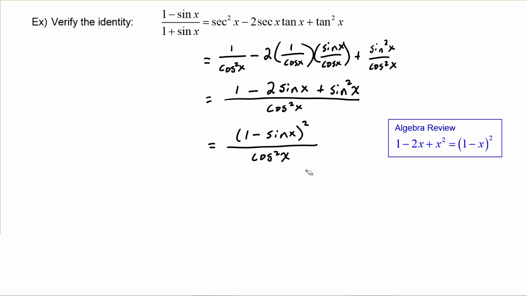Now remember that one of the things that we can always do is multiply by 1. So we're going to take the left-hand side, which is 1 minus sine of x over 1 plus sine of x, and we will multiply by 1 in the form of 1 minus sine of x over itself.